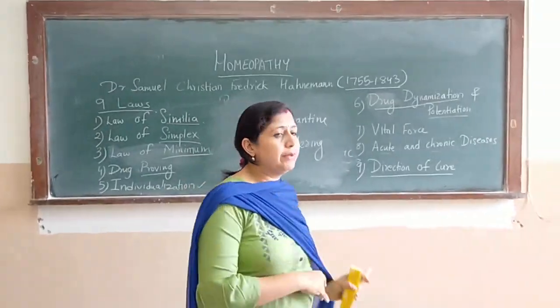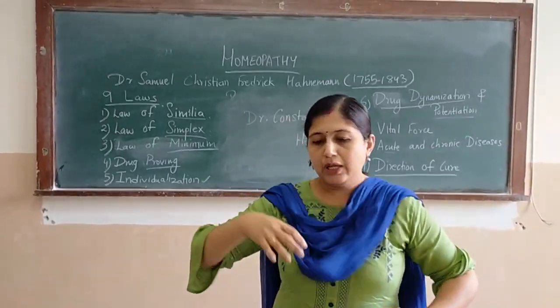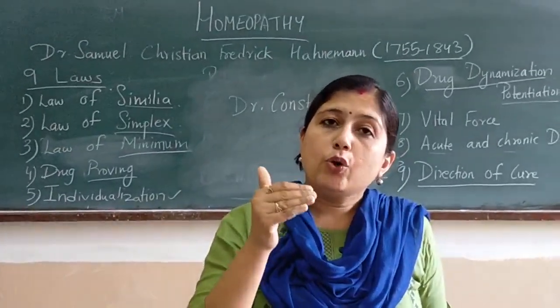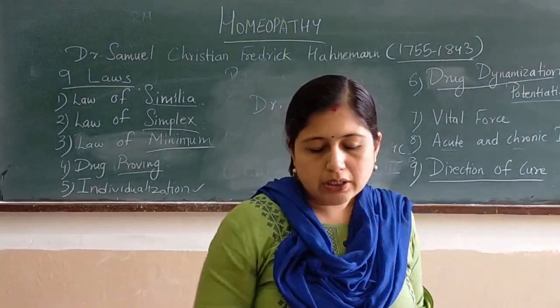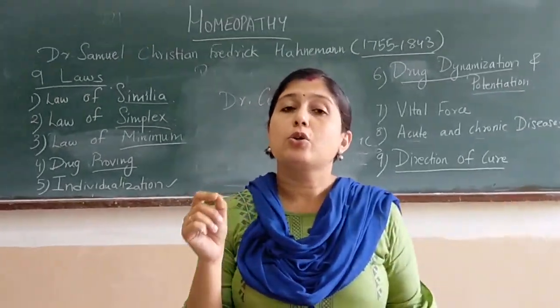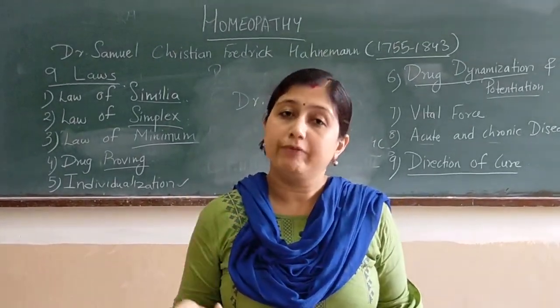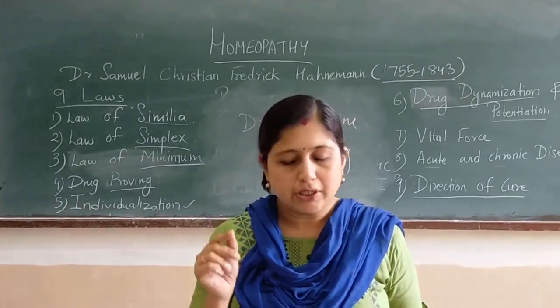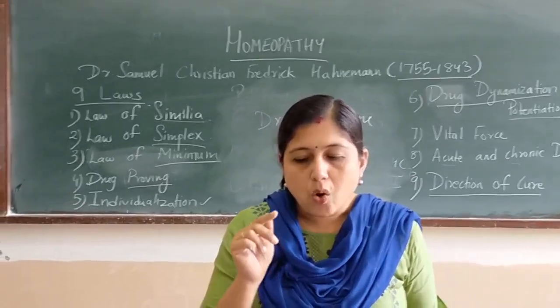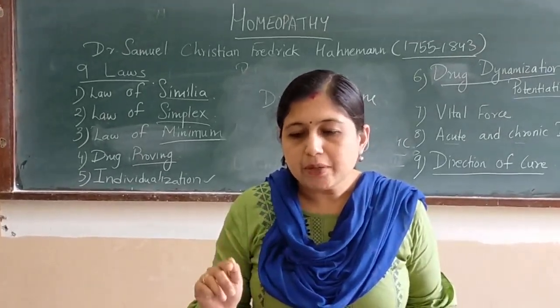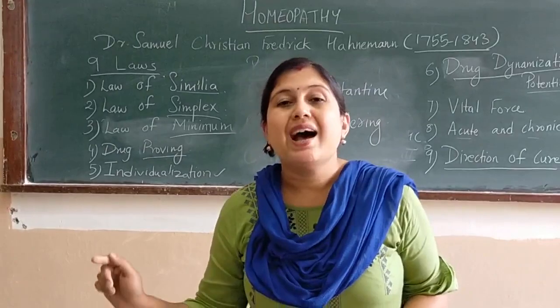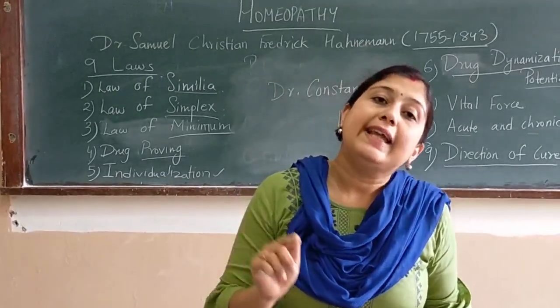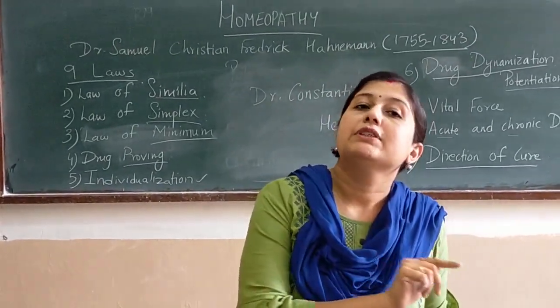The second concept in direction of cure is that the order in which the symptoms appeared in the patient leaves the body in the same order in the reverse direction.